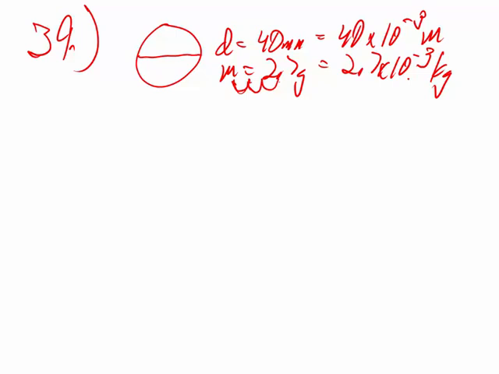Now let's look at the moment of inertia. This is a thin shell, right? We have to look up the formula for the moment of inertia for the thin shell. That's in your textbook. I can't remember exactly what page it's on. I guess I should have already had it marked.